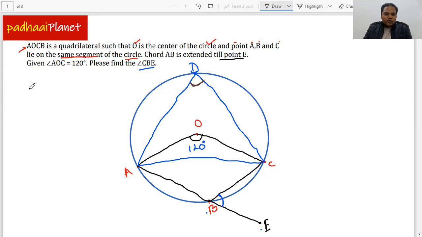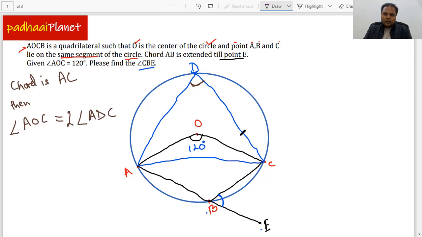As we have already understood in various theorems and questions, there is a theorem that if the chord is AC, then the angle subtended at the center by this chord, that is angle AOC in this case, is always double the angle subtended on the circle, that is ADC.